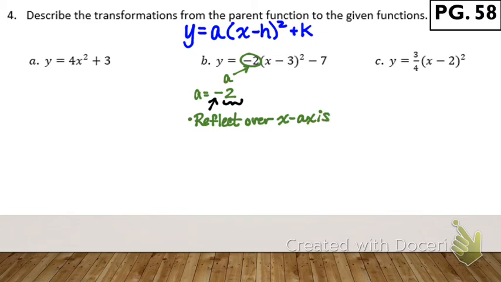The 2, is that a decimal or a fraction? No. Decimals and fractions are what compress it. They'll squish it. If it's not a decimal or a fraction, what's it going to do to it? It's going to stretch it. So this will be vertically stretched by 2.